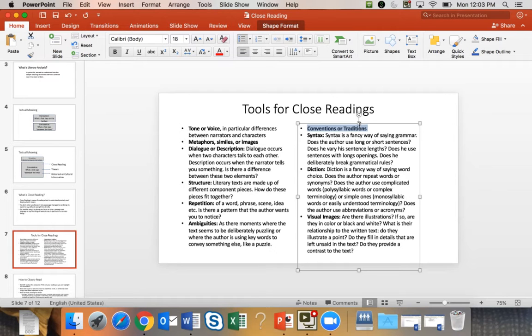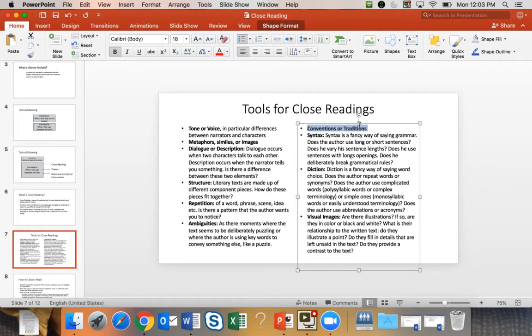In addition, you can also look at diction. Diction is another fancy term. It means word choice. When authors write, they have an innumerable choice of words that they can draw on. So one of the things you can look for is whether the author uses or repeats words or synonyms for words. Does the author use really complicated words, that is, words that are polysyllabic, or words that refer to extremely complex terminology or ideas?